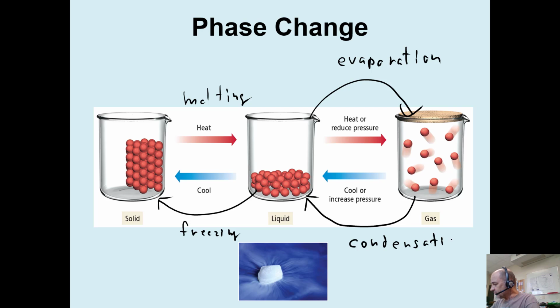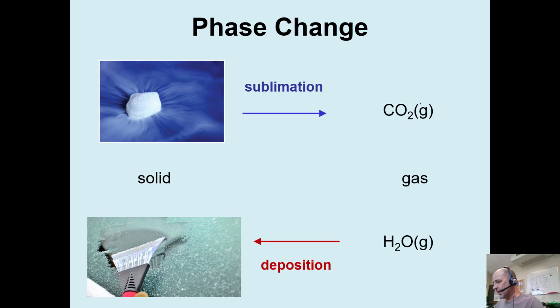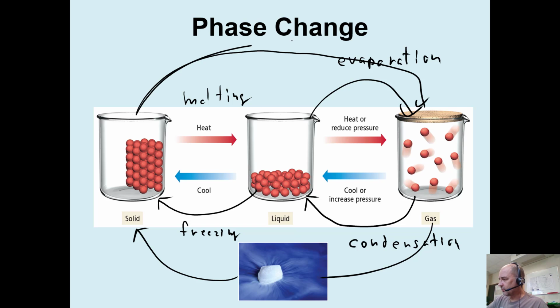I was actually thinking ahead, there's a process that can occur going from solid to gas, and from gas to solid, which is on the next slide. So let's just go to it. We actually can go from the solid straight into the gas phase, which is this here.